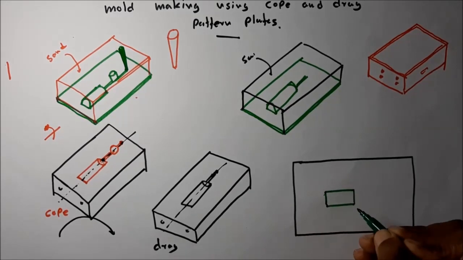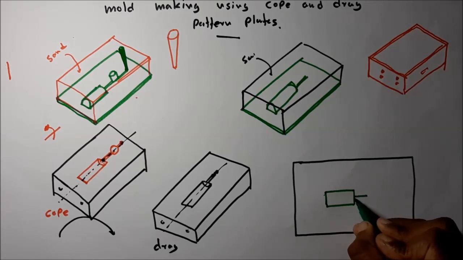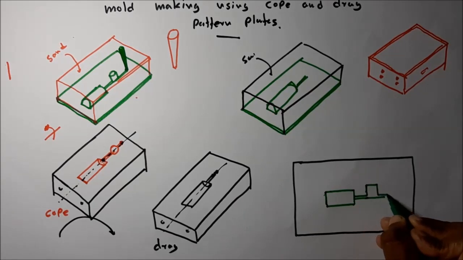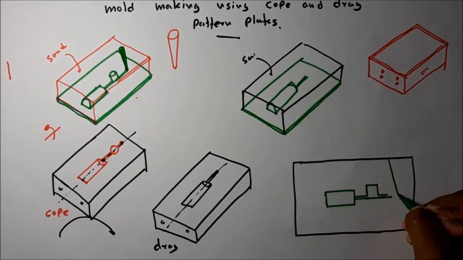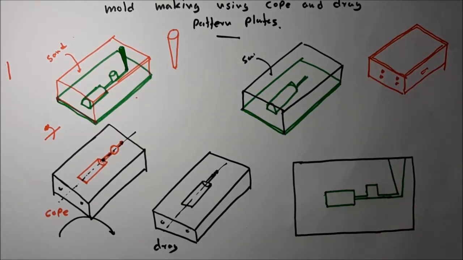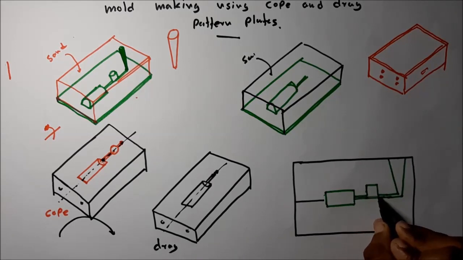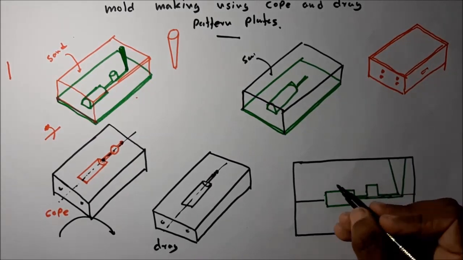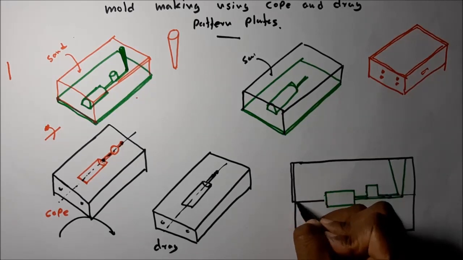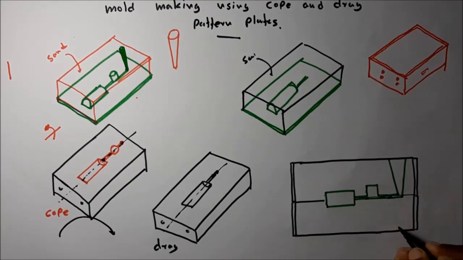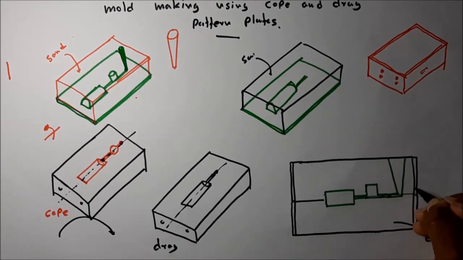This is the product, the riser, and the sprue. This is called the drag part. This is called the cope part.